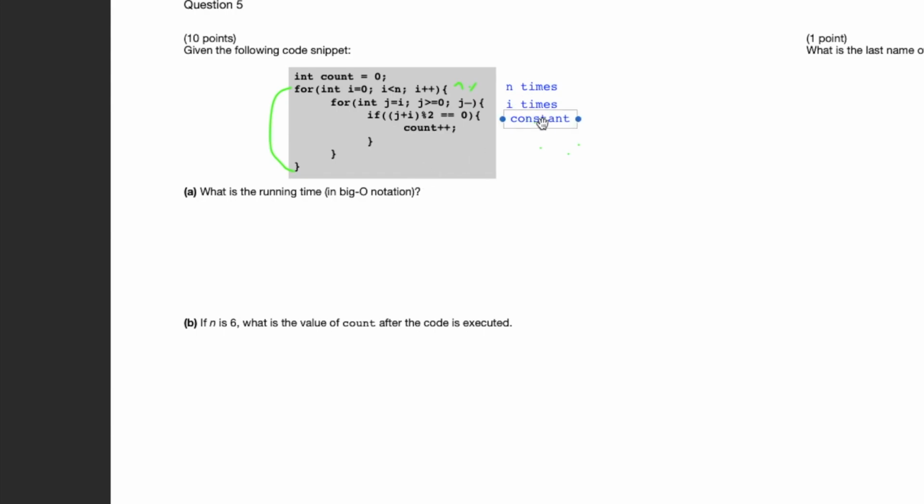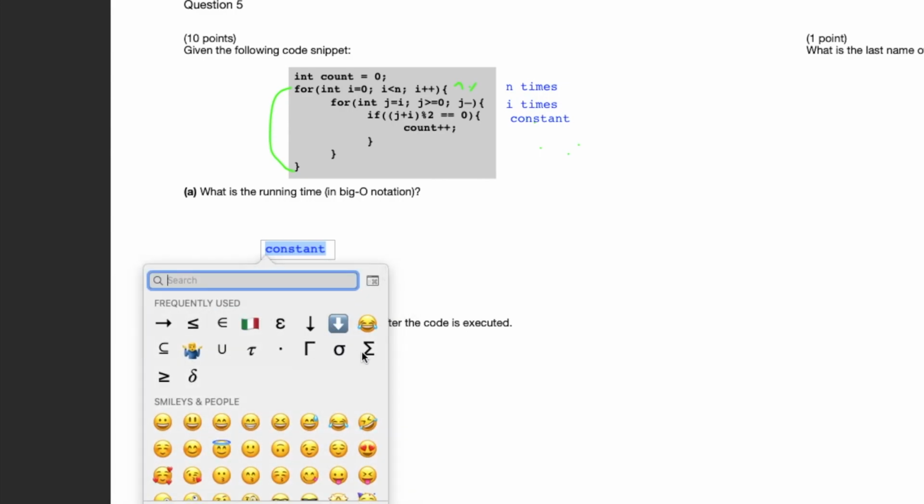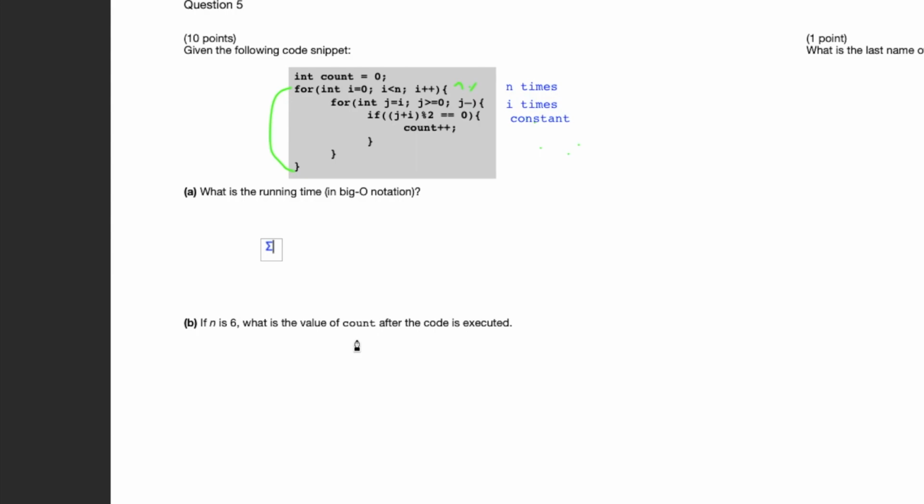We've talked about this a couple times in class. The running time is the sum of i for i from 1 to n, which is equal to n plus 1 times n over 2, which is equal to O of n squared.